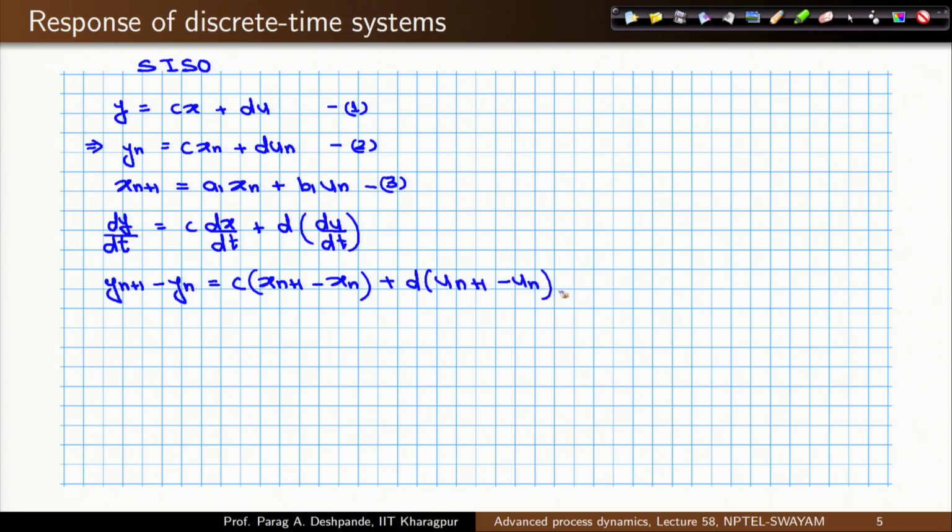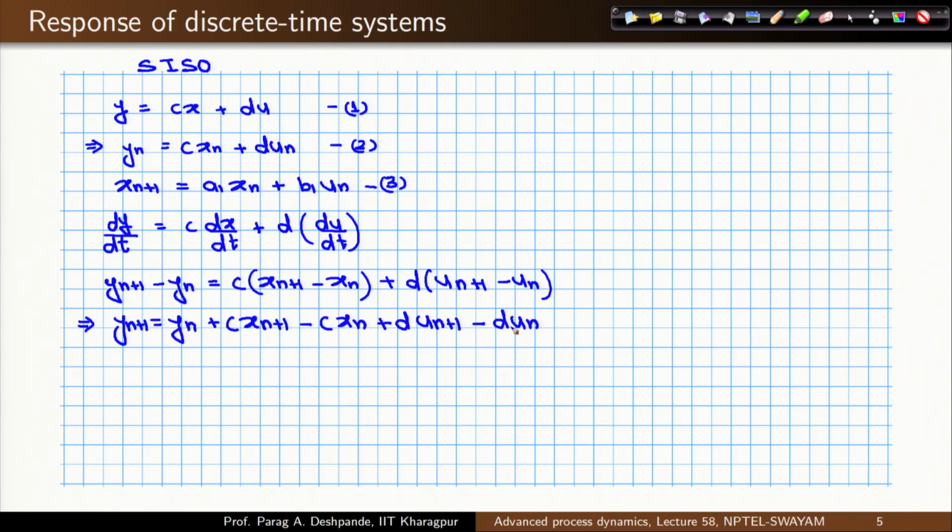I hope that you are able to see that throughout the left hand side and the right hand side you will have a division by capital T and we have cancelled it. So, I can write y n plus 1 as y n plus c x n plus 1 minus c x n plus d u n plus 1 minus d u n, right.